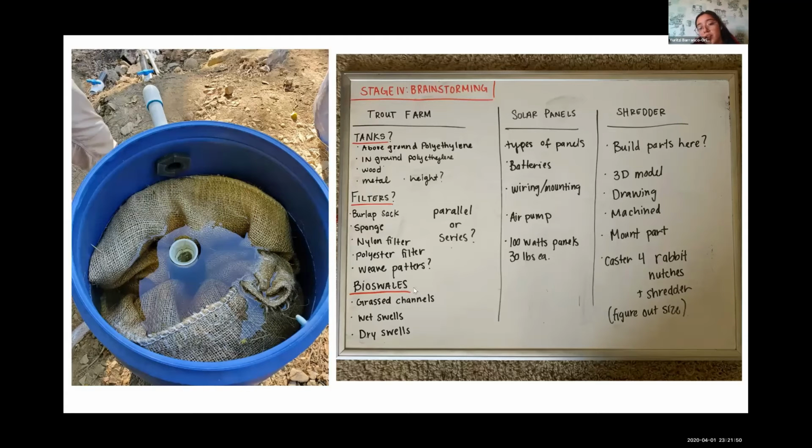And then for the bioswales, there's these 3 that we mentioned, which is grass channels, wet swales, and dry swales. This one right here was the cheapest out of all of them. And I believe that we went with the dry swales, right guys? I think so. Dry or wet? Because in the end, they have the plants.